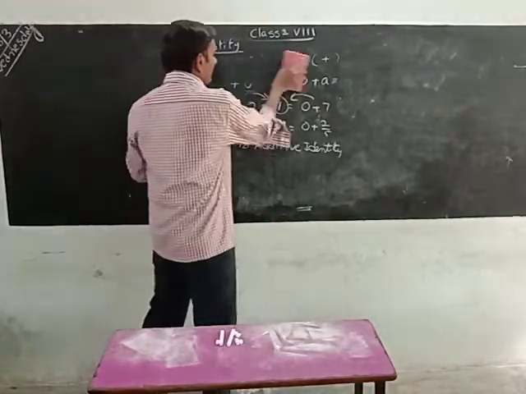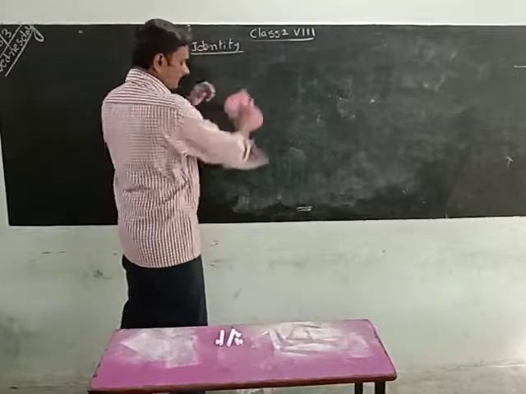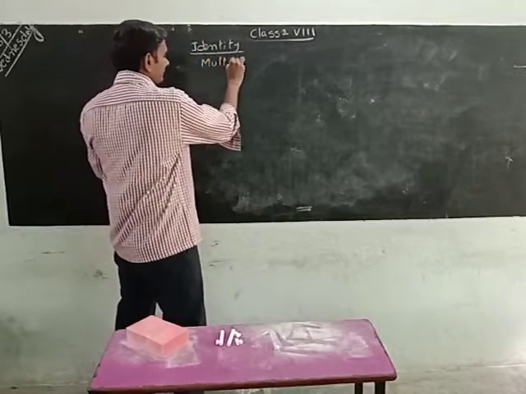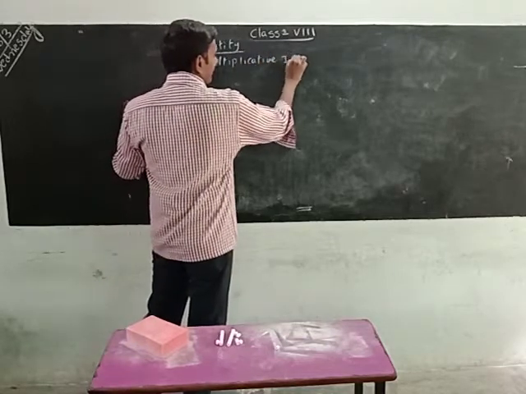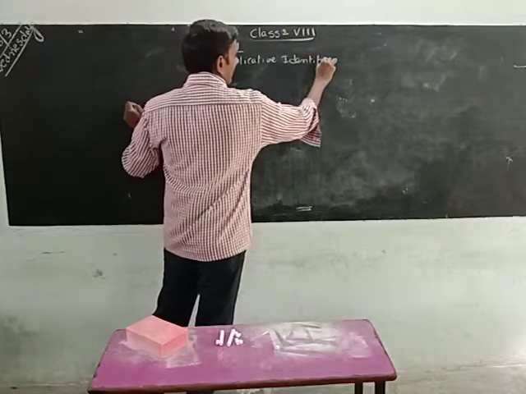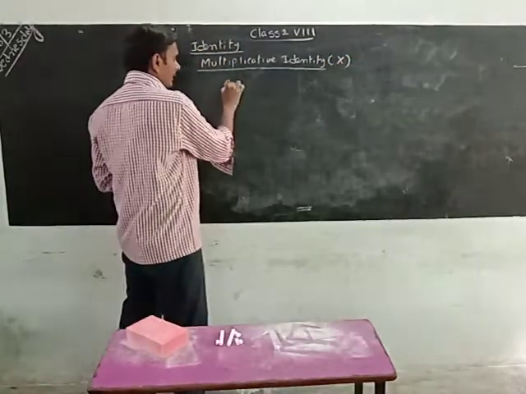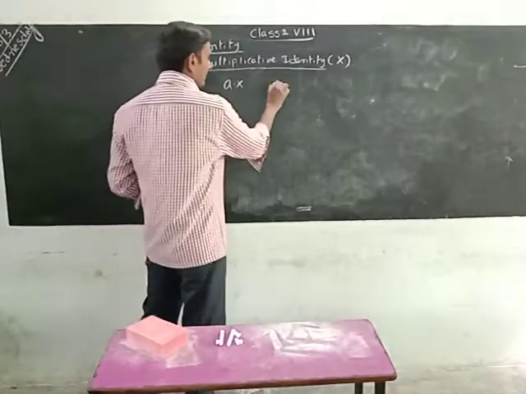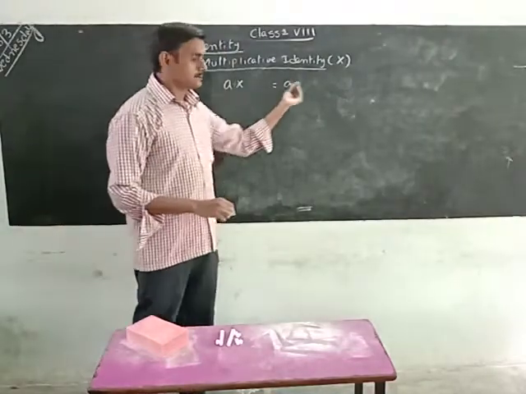Next is multiplicative identity. Multiplicative identity means we use the simple operator, multiply. If you take a rational number and multiply with any rational number, we will get the same rational number.